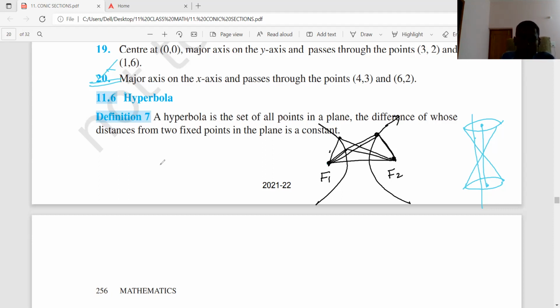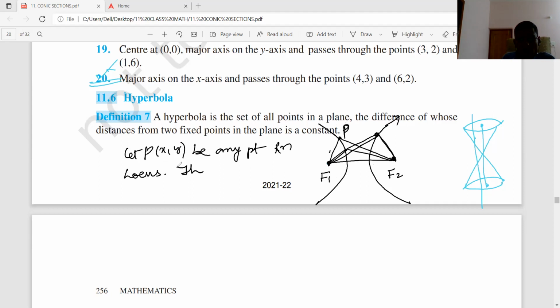Or the locus of a point in a plane such that the difference of its distances from two fixed points is always a constant. So P is a point on the hyperbola, a point in the locus. Locus means set of points. P is any variable point. Let P(x, y) be any point in the locus.